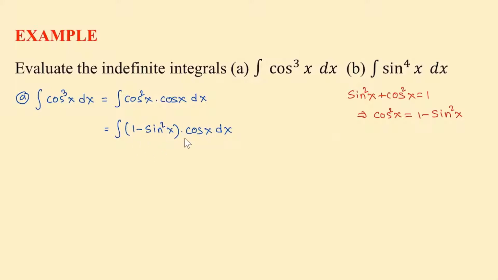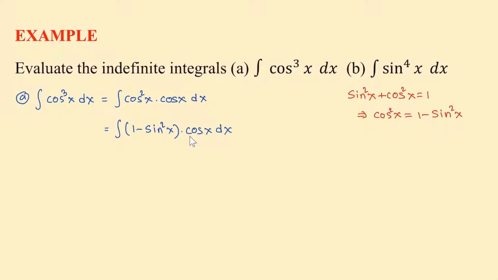Now, if you look at this integral carefully, you'll see that inside the parenthesis there is sine x. In fact, there is sine squared x, but you can think of that as sine x. The reason is the derivative of sine x is cosine x. That means we can use u substitution to evaluate this integral.